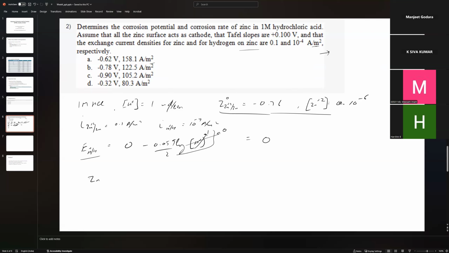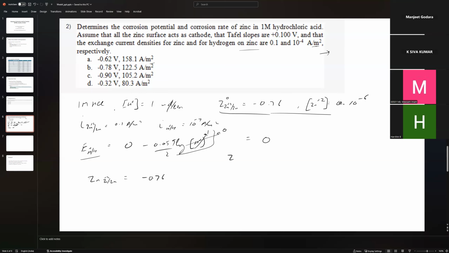Similarly for zinc, the standard reduction potential is minus 0.76.